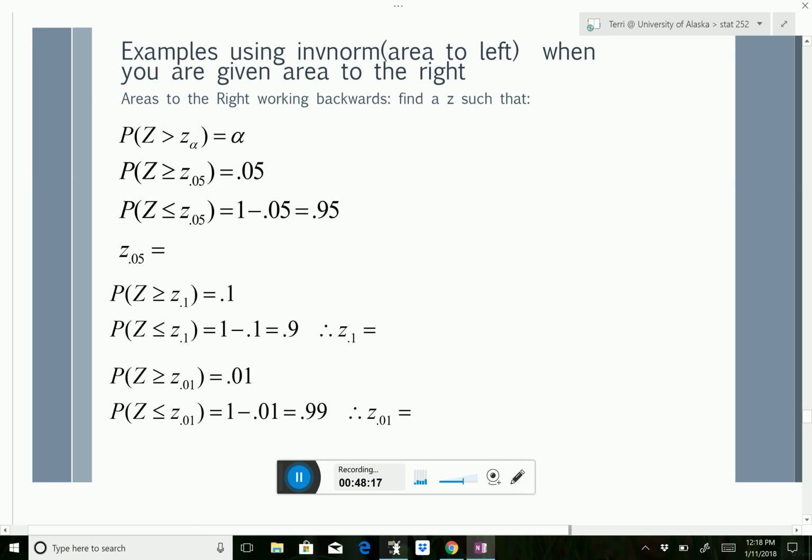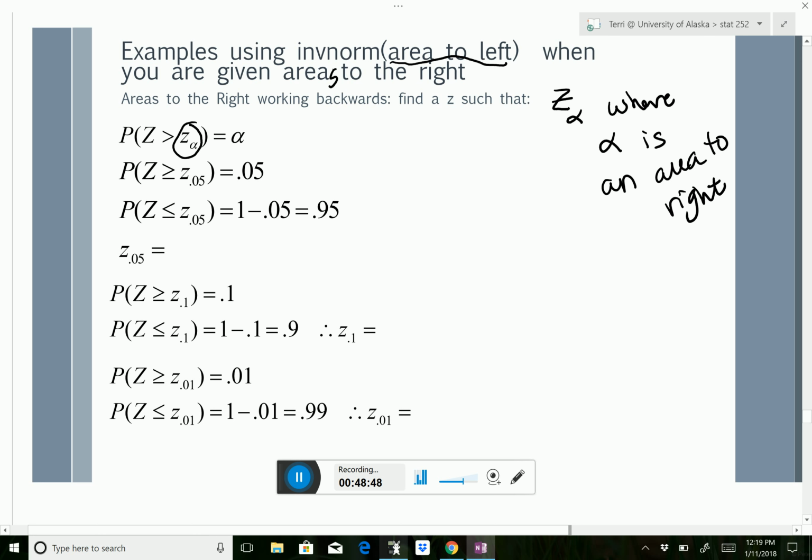So examples using inverse norm, area to the left, because your calculator assumes you're giving it an area to the left, most of you anyway, when you're given areas to the right. So we have a little bit of notation I want to talk about. I have this z sub alpha, where alpha is an area to the right.